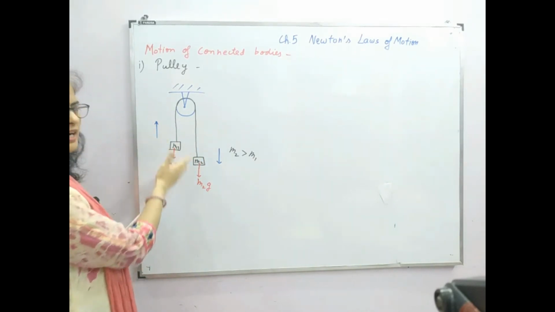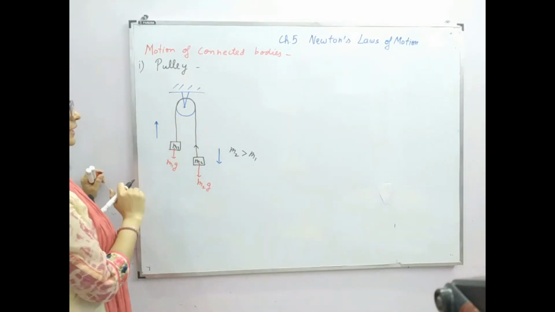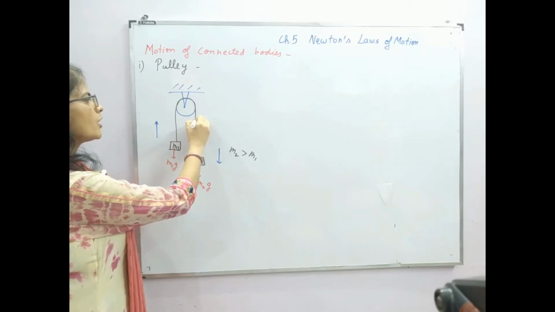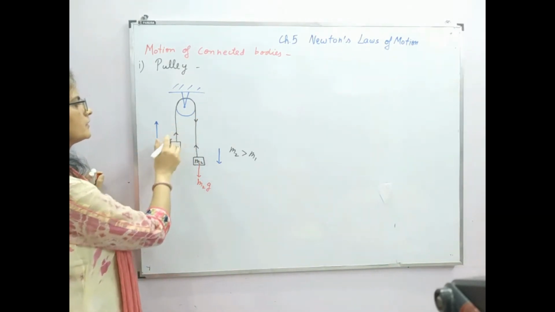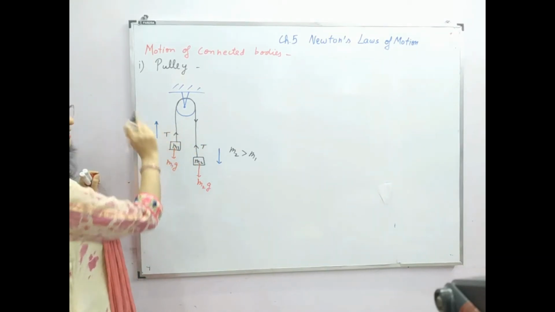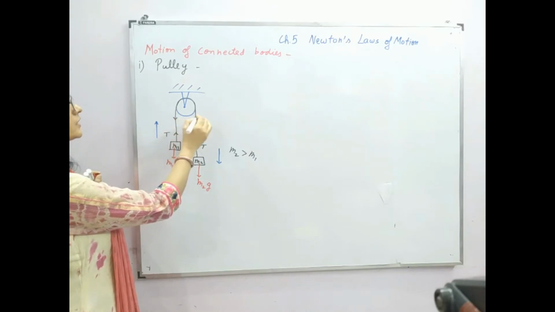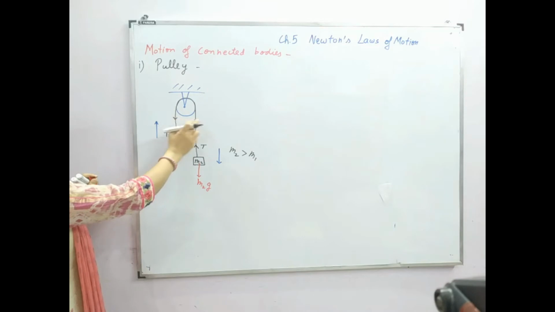The trick to mark tension is away from the body, because it pulls the body. With the same force, this body also pulls it from here. So similarly, this tension pulls the body this way, this tension pulls the body this way, and by Newton's third law, the same tension will be applied here also. So the net tension over here is 0.